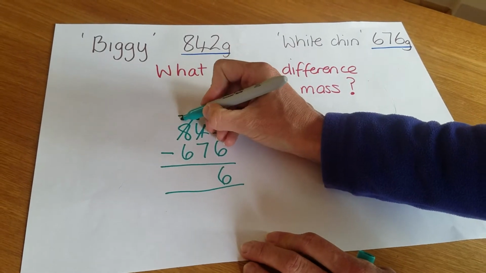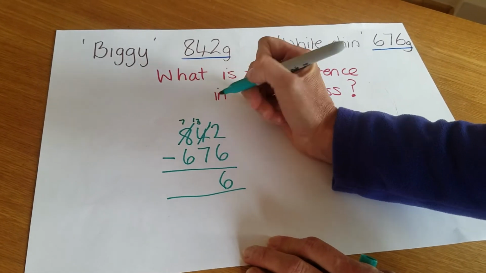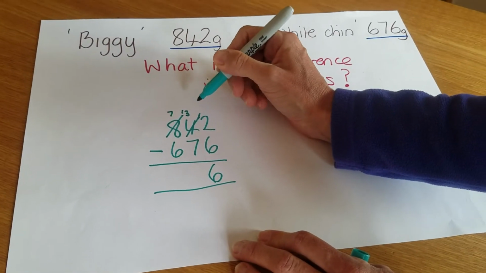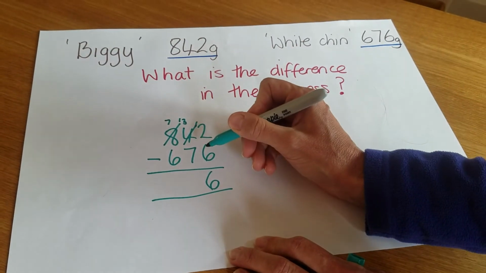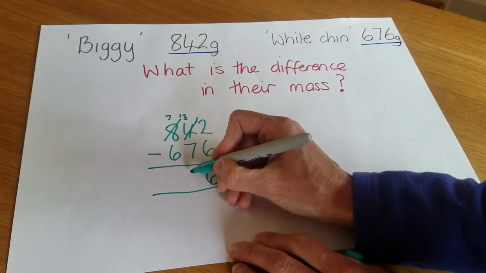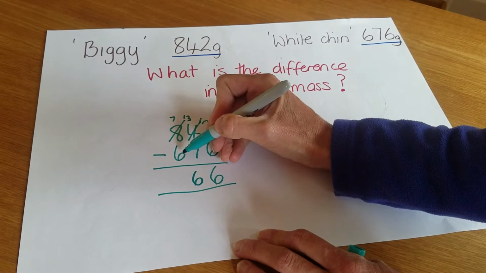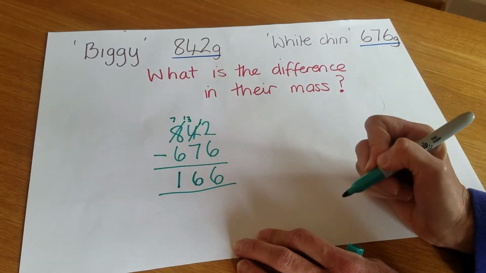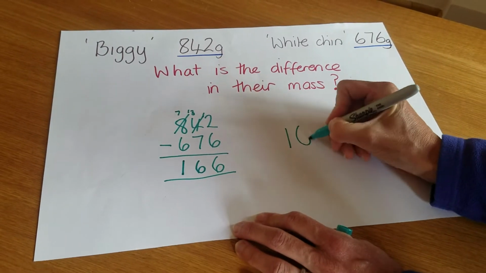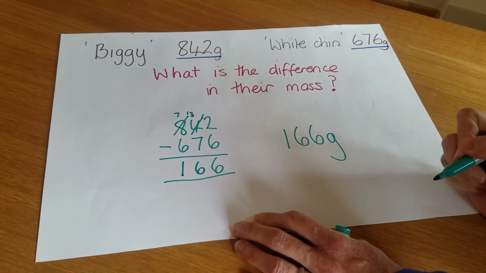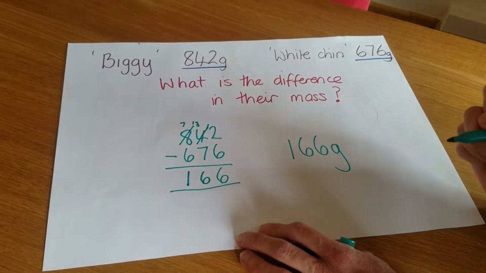I'm going to break them up, leave 7 behind, add 1 to this tens column, which leaves me 13 tens. Take away 7. That's going to leave me with 6. And then I've got 7, take away 6, which is going to leave me with 1. So my answer to the vet is going to be 166 grams using our column subtraction.